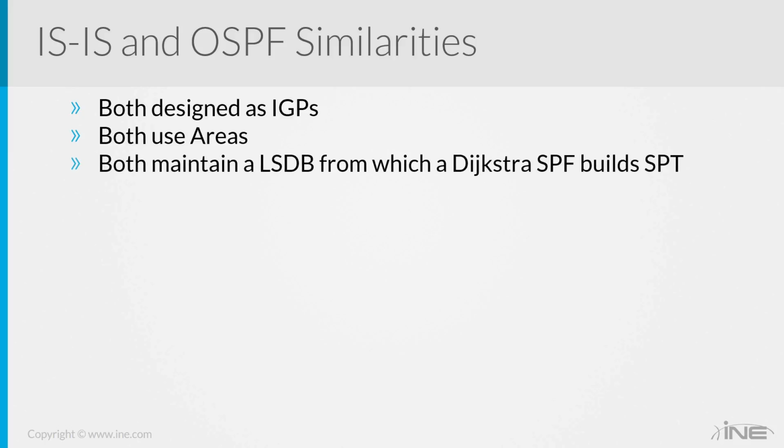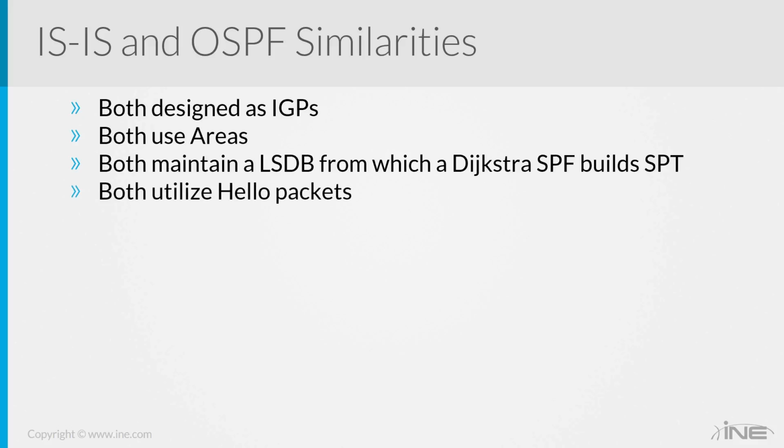Both maintain a link state database from which SPF is used to build the shortest path tree. Each one does it slightly differently. One uses LSAs, the other uses LSPs, but they both use a database to build the shortest path tree and to build the routing table.